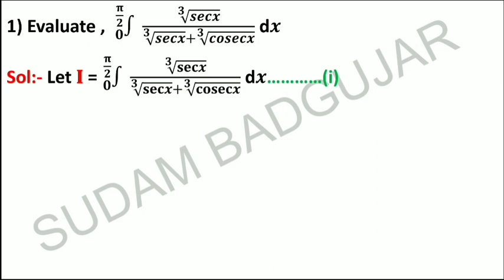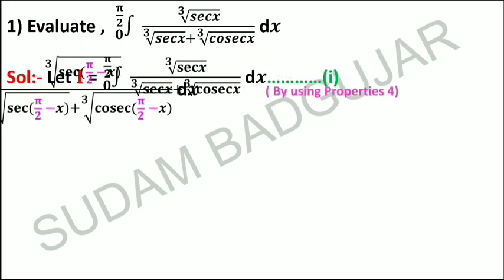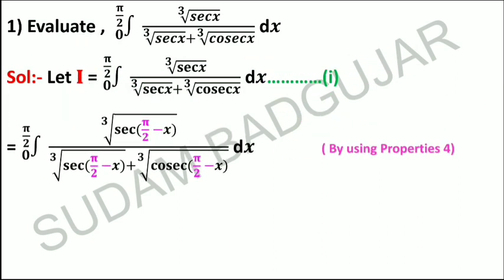So I is equal to the given integral; here replace x by pi by 2 minus x by property number 4. The next step is integration of cube root of sec of pi by 2 minus x upon cube root of sec of pi by 2 minus x plus cube root of cosec of pi by 2 minus x, dx from 0 to pi by 2.